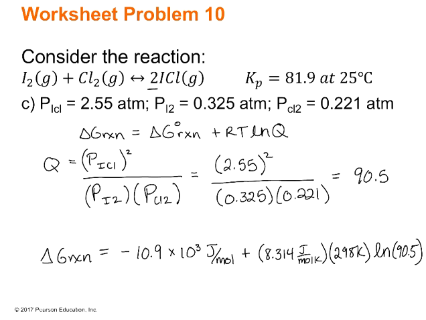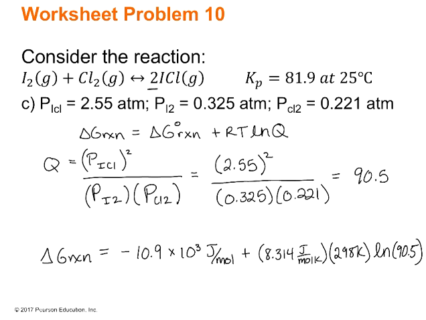Okay. So if we do this calculation, and I'm just going to double check my work here because I'm not sure if my answer is right. So 8.314 times 298 times the natural log of 90.5.